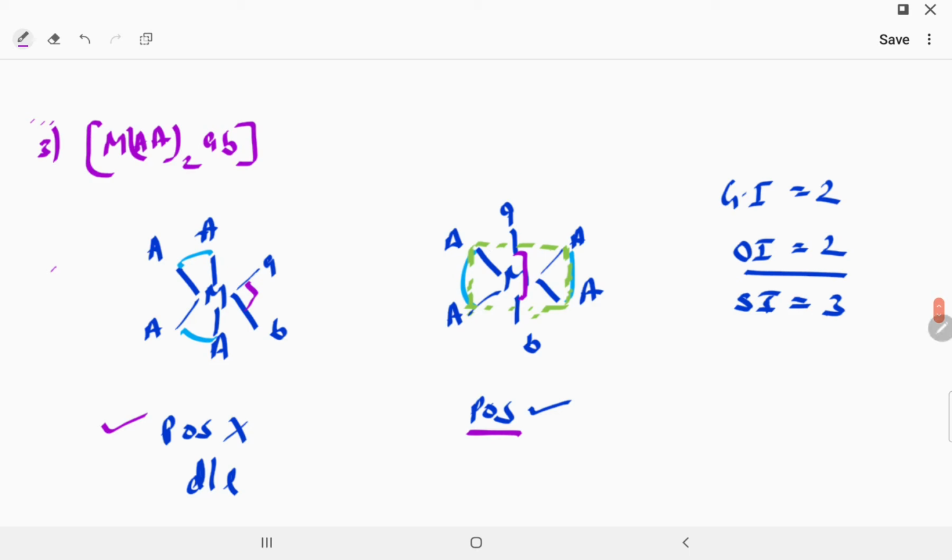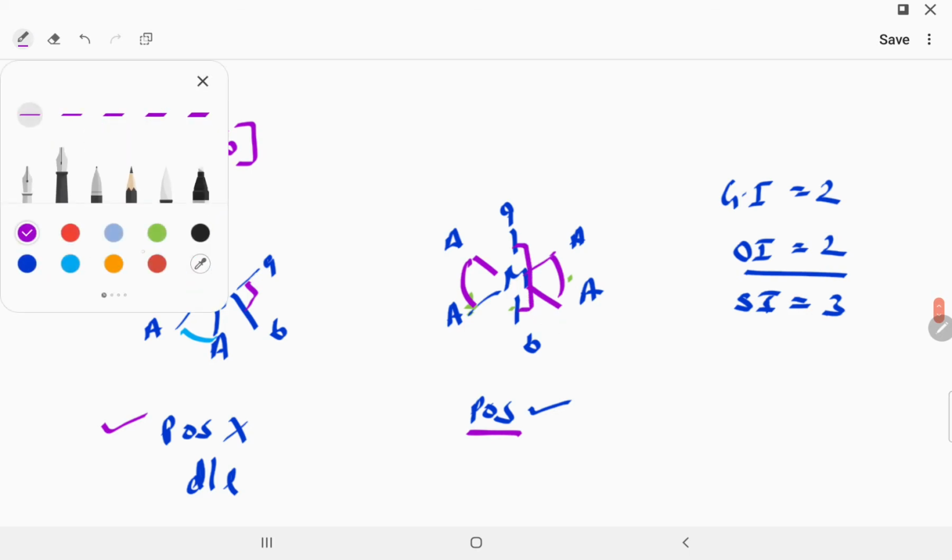This green dotted line we can cut into 2 equal halves. Okay, sorry, not on this green dotted line. Wait a minute guys, this is AA, this is AA. Now we can cut along this plane.